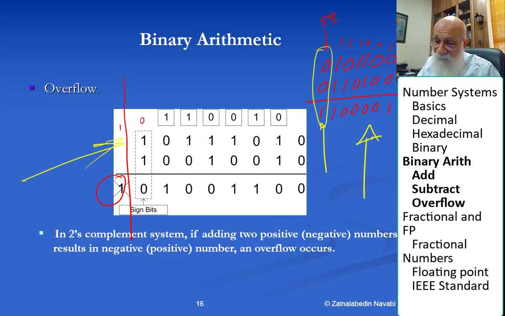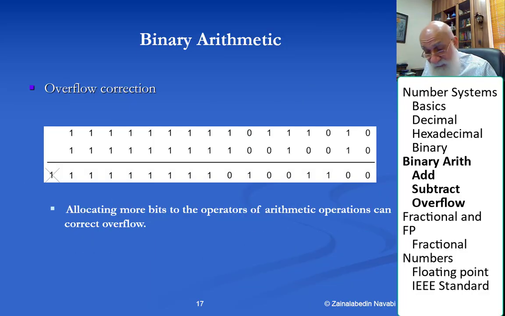This is an overflow which results in a negative number for two positive numbers. What does overflow mean? Overflow means that you need more space than you are giving it, and therefore you can either call it overflow and say, well, sorry, there is nothing else I can do, or decide that 8 bits is not enough, go up to the next increment, go up to 16 bits.